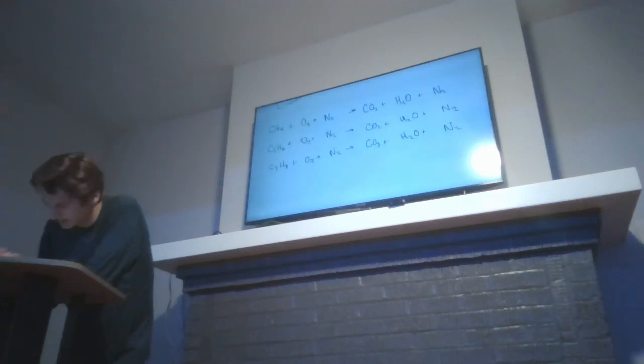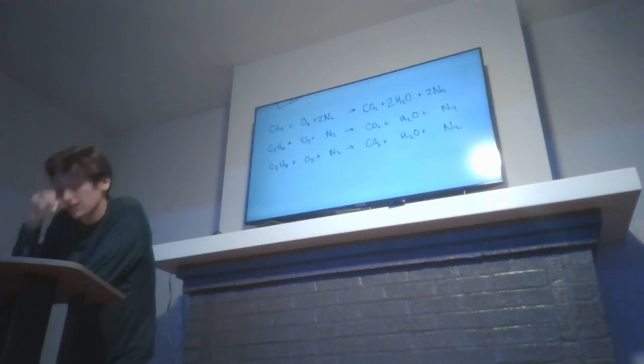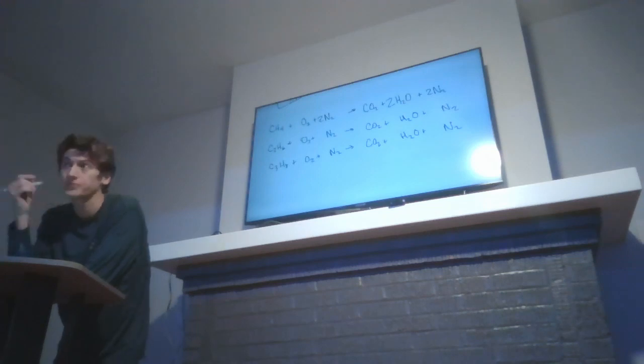So we're going to need 4H2O. So that would be a 2 there, which will give us a 2 here and 2 here, just to help with our proportion.